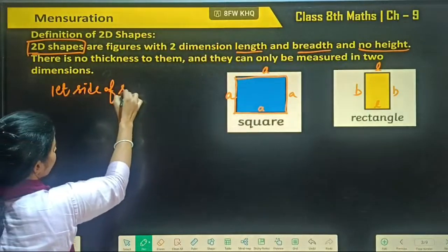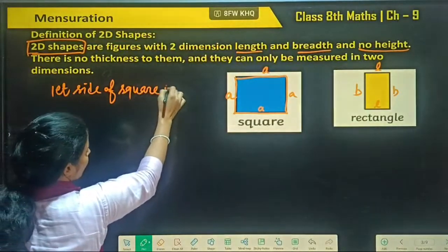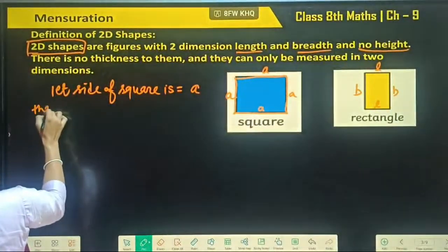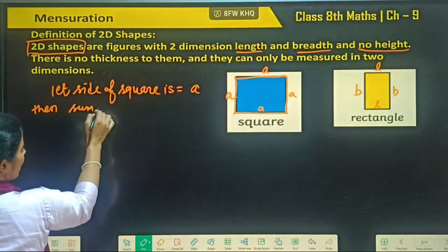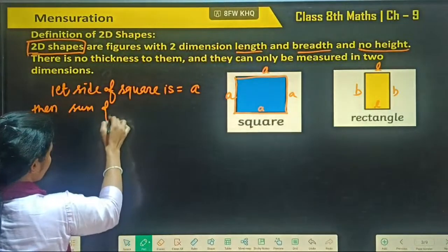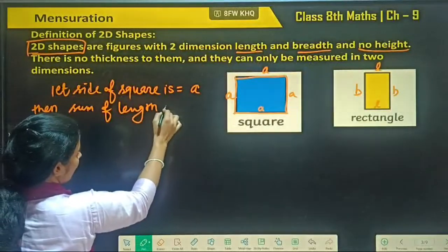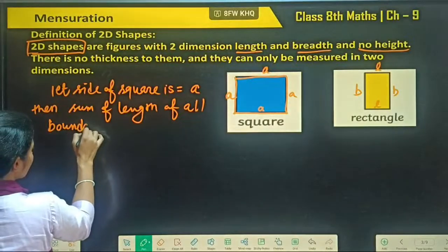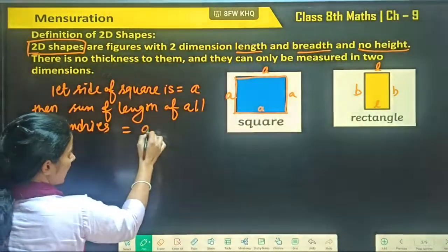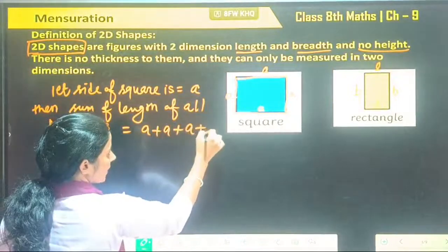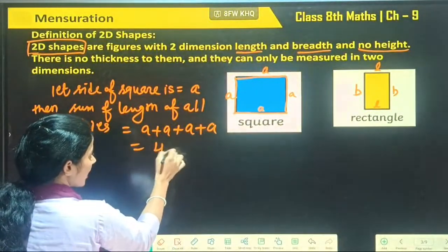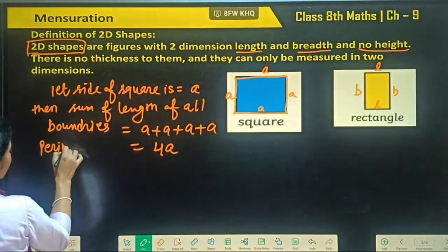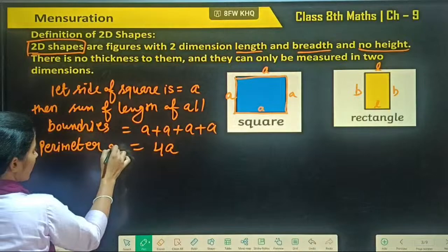Let the side of the square be A, then the sum of the lengths of all boundaries will be A plus A plus A plus A. That is 4 times A. So what is the perimeter of a square?